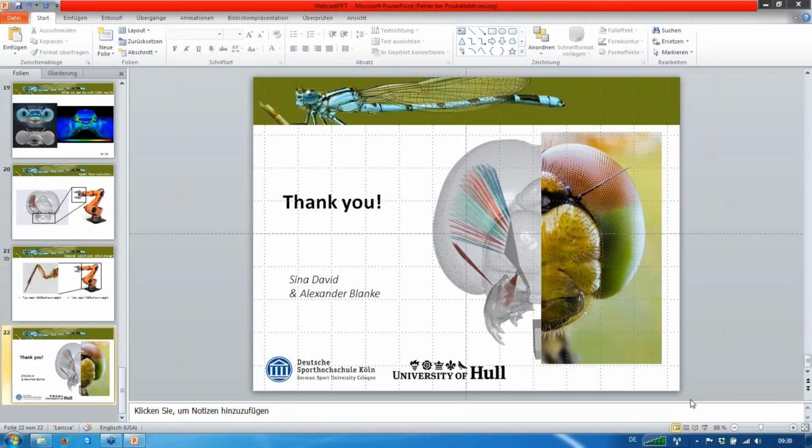So you have to imagine that insect cuticle is much more like a carbon fiber, but even more advanced than the carbon fibers we are currently using. So this is one reason for the outstanding lifting capabilities of insects.